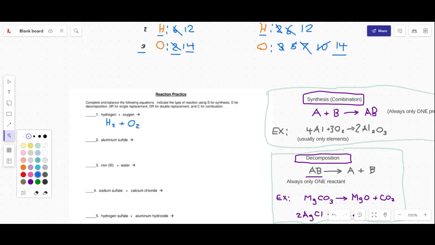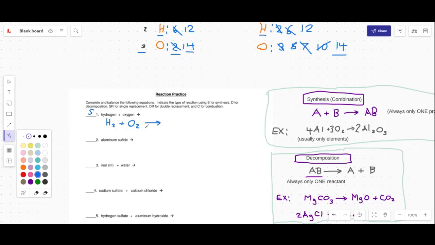It's not double replacement because double replacement requires you to have two compounds. Yep, two elements combining. This is a synthesis reaction, and it's going to combine to form one single product.